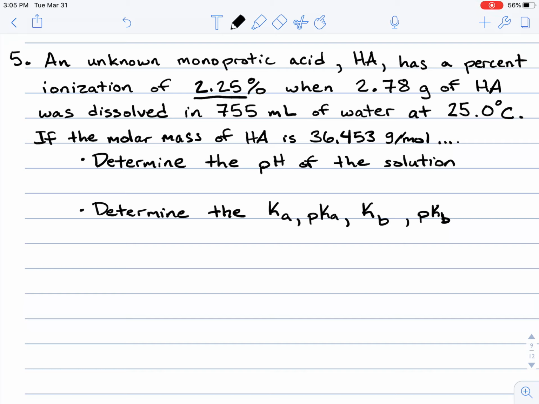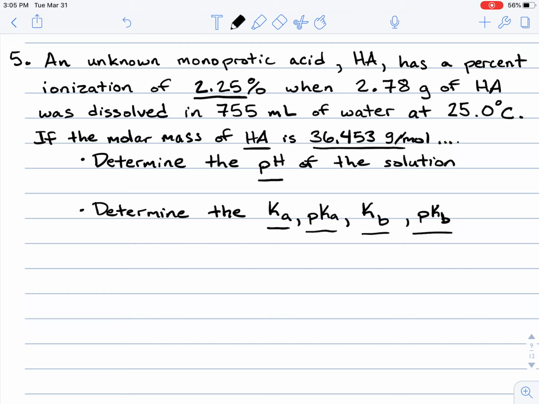And so if the molar mass of this monoprotic acid is 36.453 grams per mole, we want to go ahead and determine the pH of the solution. And we're going to go ahead and determine the acid ionization constant and convert that into pKa. And we're also going to determine the Kb and the pKb.